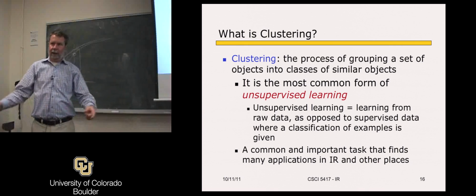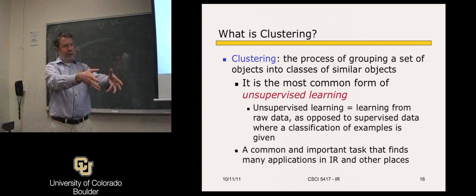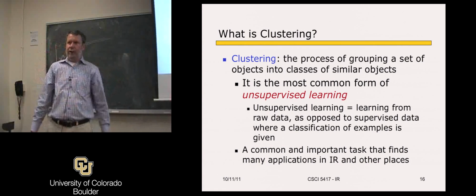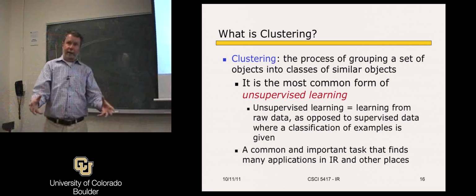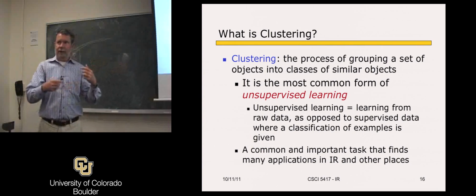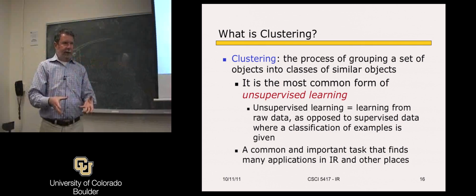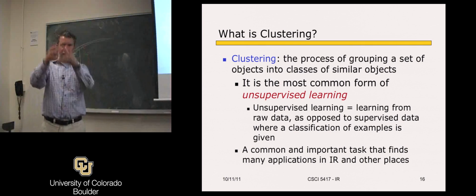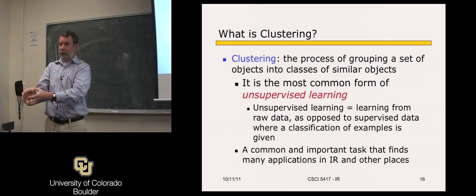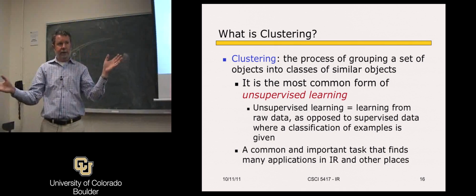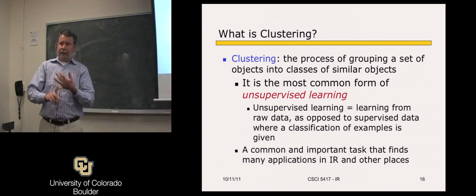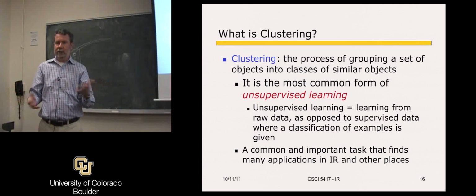And not only that, they came to you and said, here are a bunch of the documents that belong in category A, and here's a bunch of the documents that belong in category B. Here are the documents that belong in category C. Not only that, in all the stuff that I was just talking about, I was making a hard partitioning assumption that this document belongs in this category exclusively. So documents belong in particular categories, and the categories span all the documents. So there's no other category, and this document cannot belong in two categories. Right? Those are pretty ridiculous assumptions, but that's what's underlying almost everything we did.